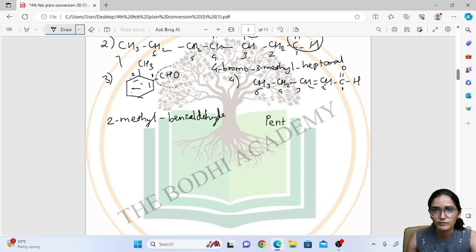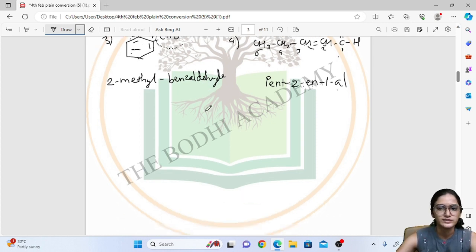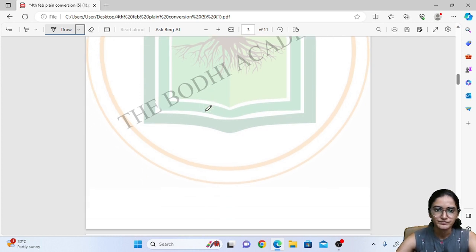So the name will not be pentane, it will be pente. At the second carbon we have the double bond, so pent-2-en, and at first position we have the aldehyde group, so 1-al. So the name will be pent-2-enal or pent-2-en-1-al, since we are having a double bond.